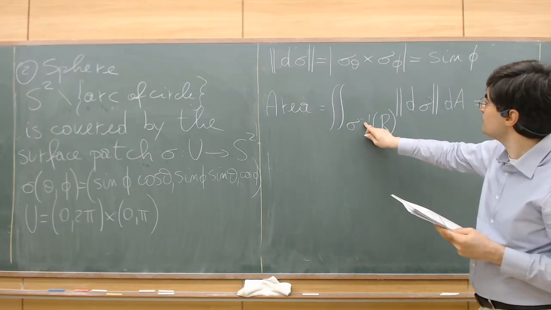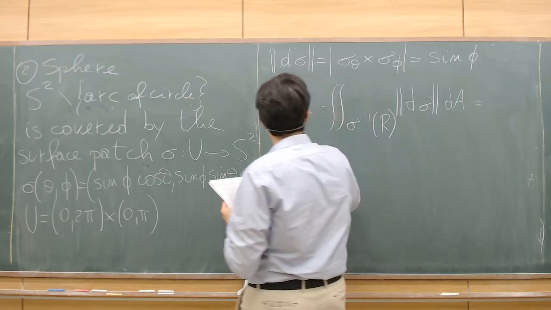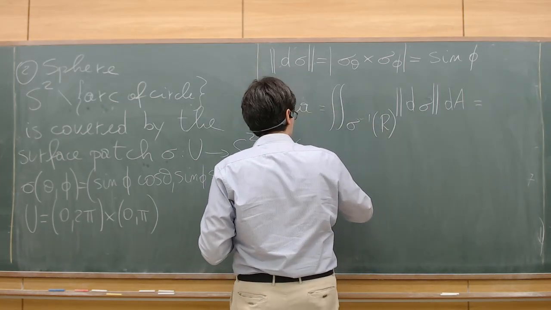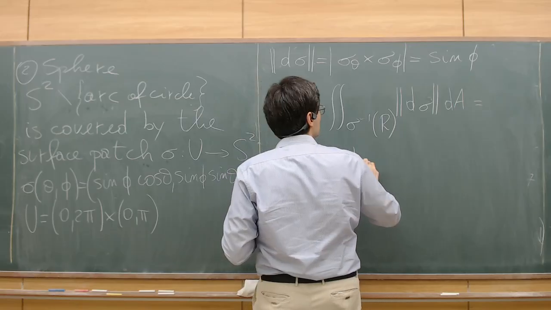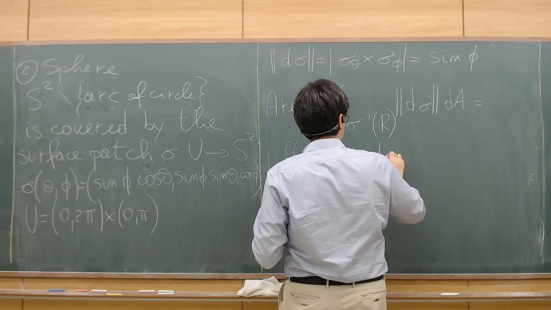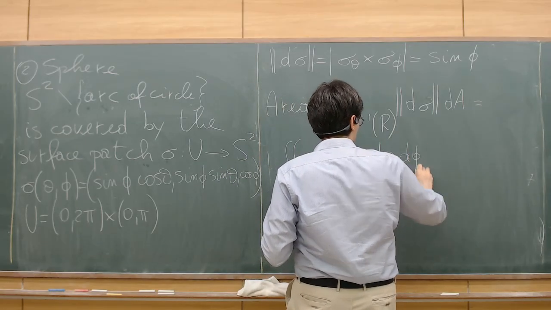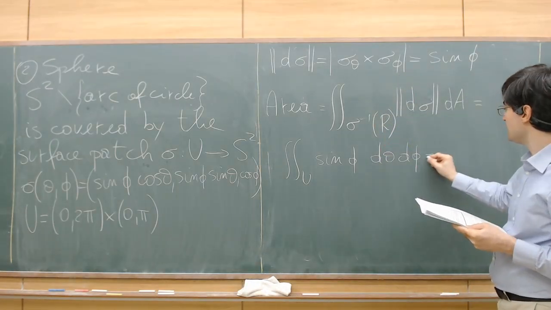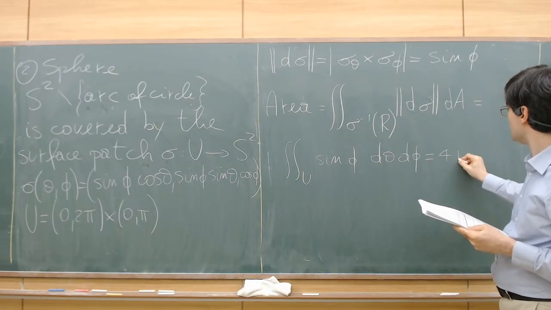Now sigma inverse of r is u. The area distortion is sine of phi, and dA is d theta d phi, and this integral here is 4 pi.